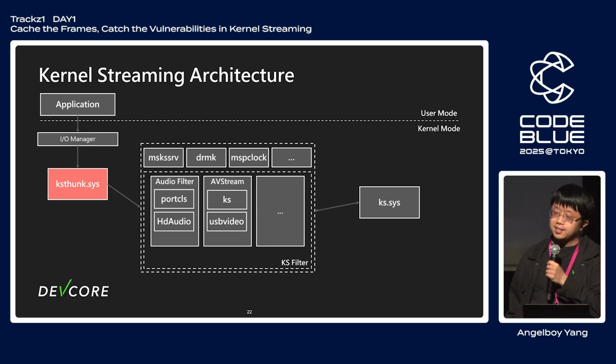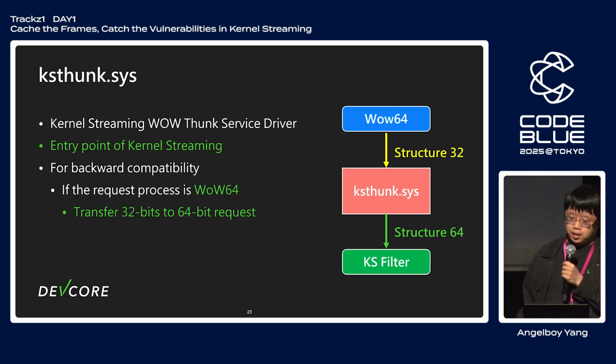Let's talk about ksthunk first. Ksthunk is the entry point in kernel streaming. It converts 32-bit requests into 64-bit requests, allowing the underlying driver to handle the request without additional processing for 32-bit structures.